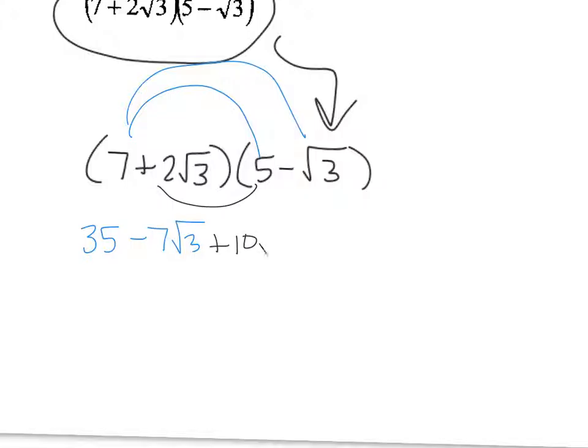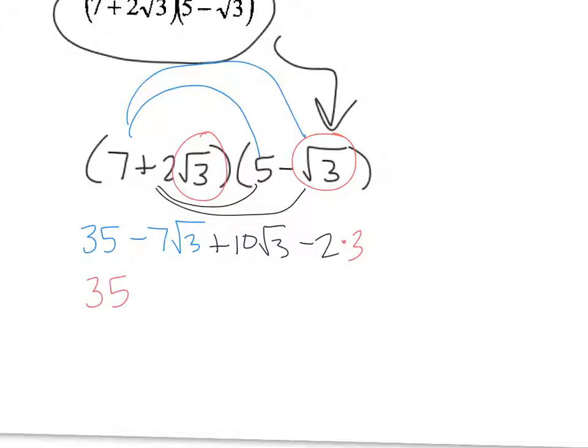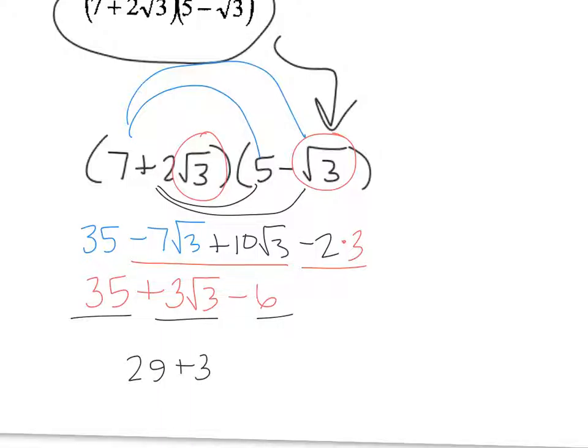Plus 10 root 3. And then minus 2 times root 3 times root 3. So root 3 times root 3 is 3. So now I simplify. I got 35 plus 3 root 3 minus 6. So I'm going to write the rational part first and the irrational part second. You cannot combine these two because they're not like terms.